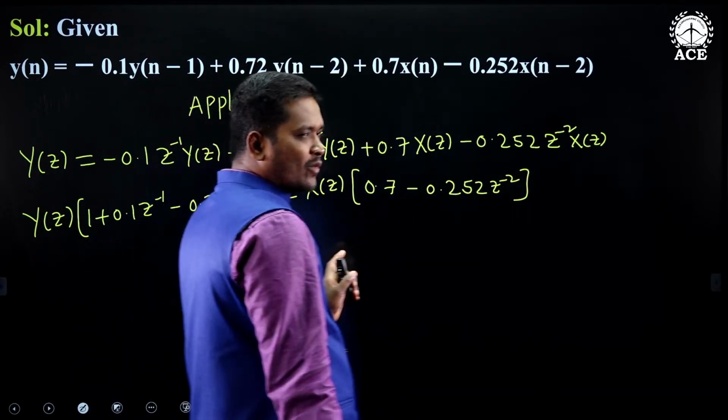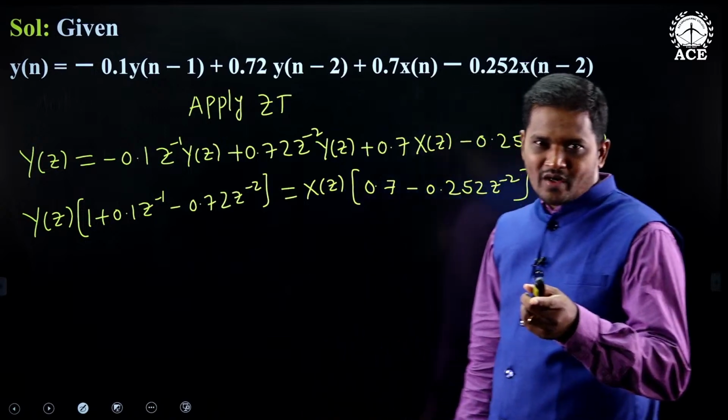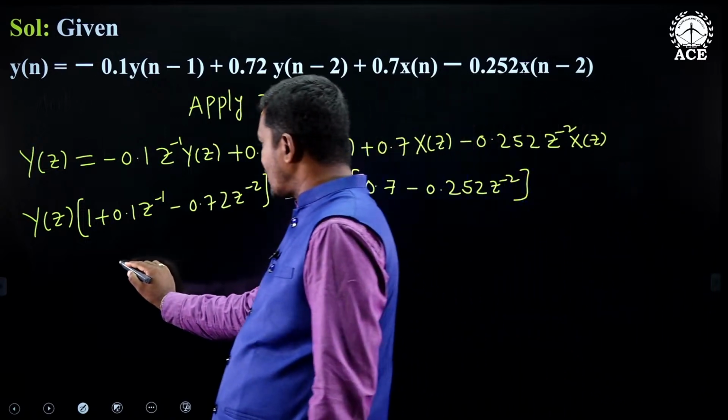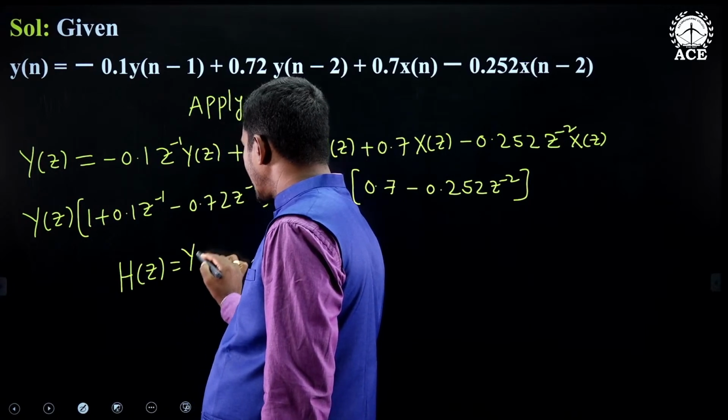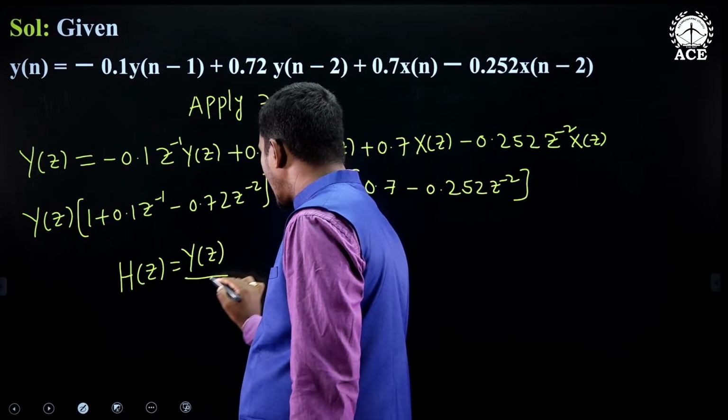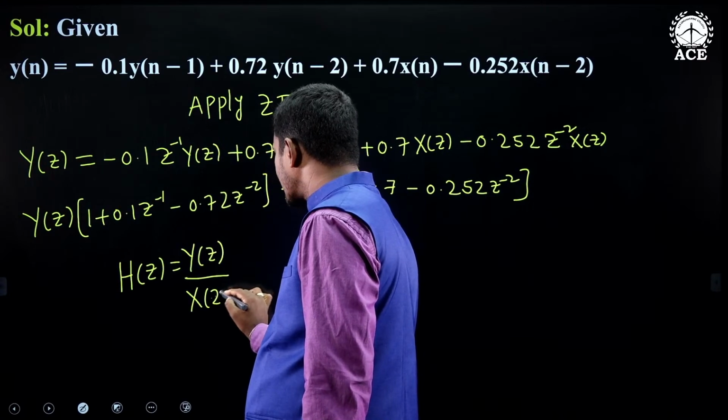Now, what is the transfer function, students? H of z. H of z is equal to Y of z divided by X of z.